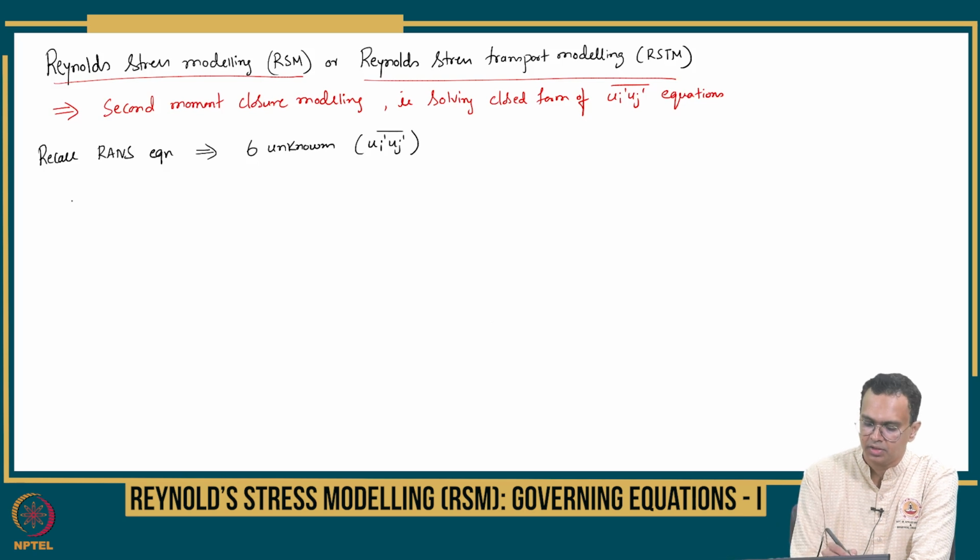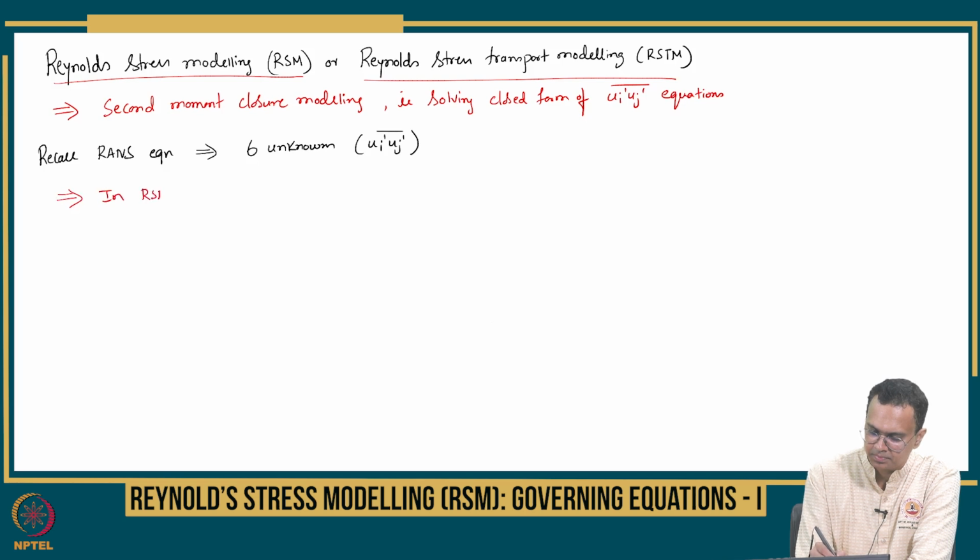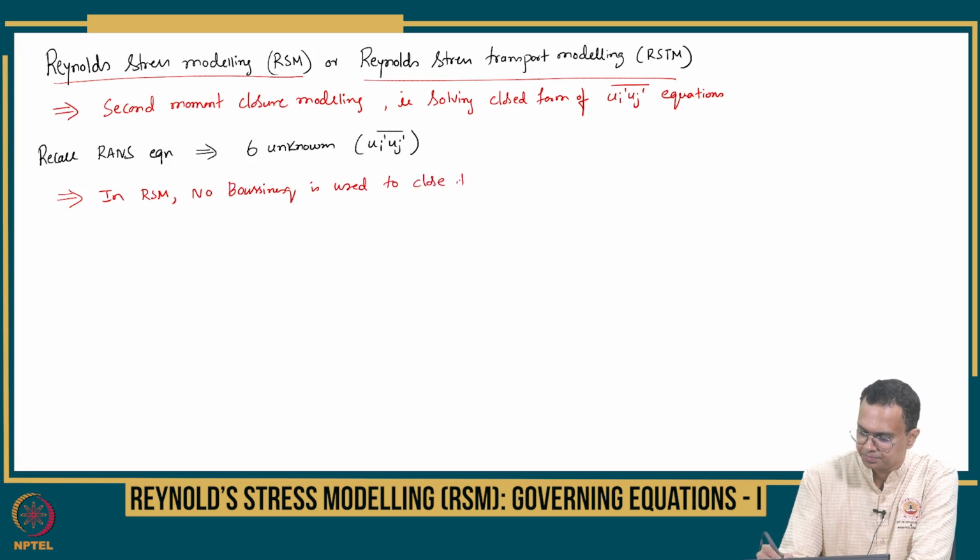Here we are not doing anything of that sort, okay? In RSM, no Boussinesq is used to close the unknowns.